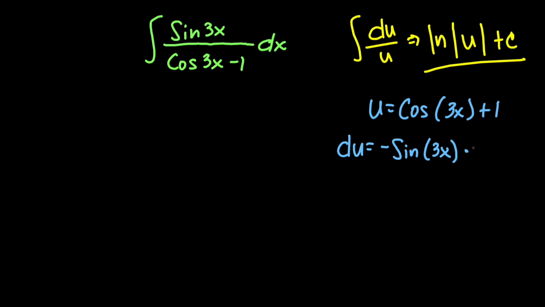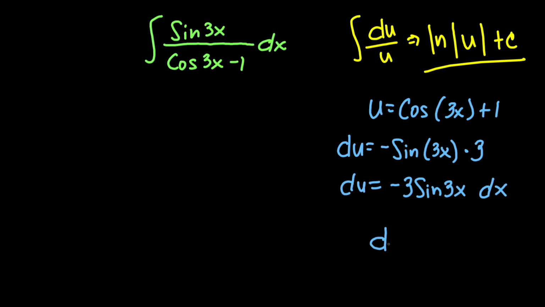The derivative of 3x is simply 3. The derivative of 1 is 0. And so simplify this, you would have negative 3 sine of 3x. Multiply this by dx.